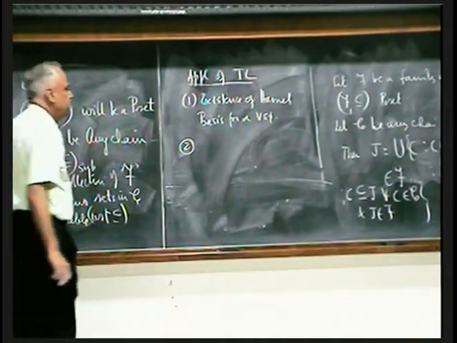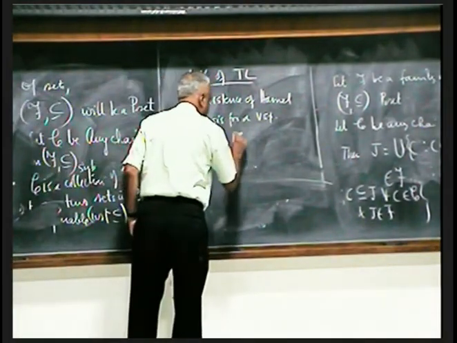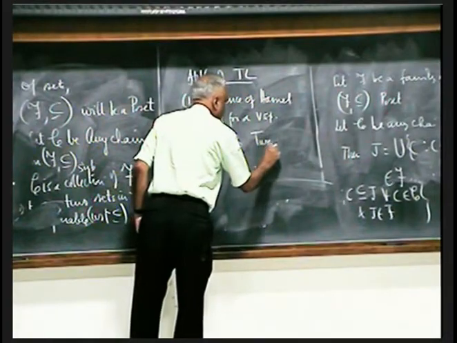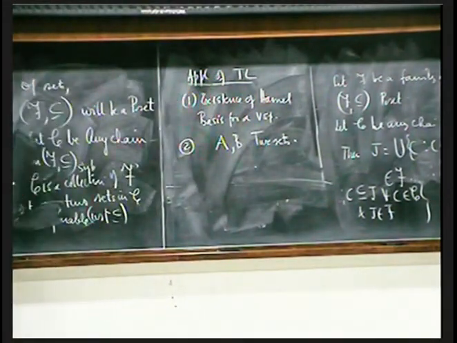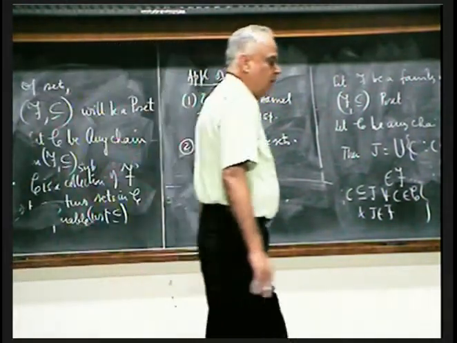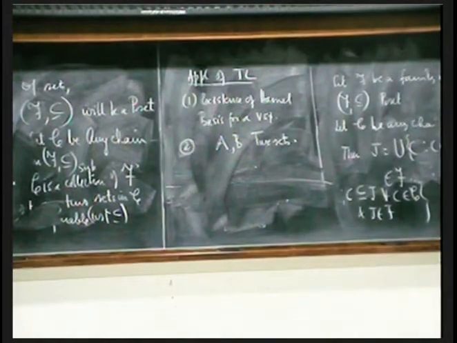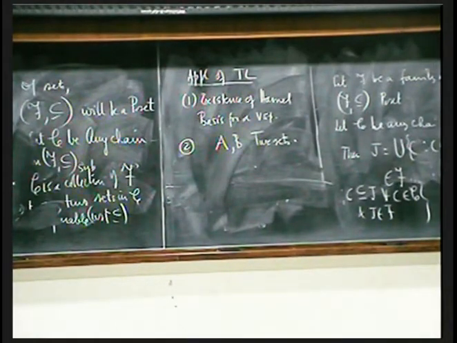Suppose you have two sets A and B. We said that the cardinality of A must be less than or equal to the cardinality of B, or the cardinality of B must be less than or equal to the cardinality of A. In other words, we said that the law of trichotomy holds for cardinality.